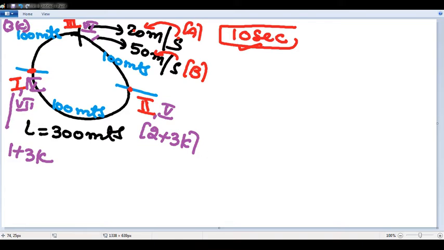That means in this question, how many distinct meeting points did we get? 3.